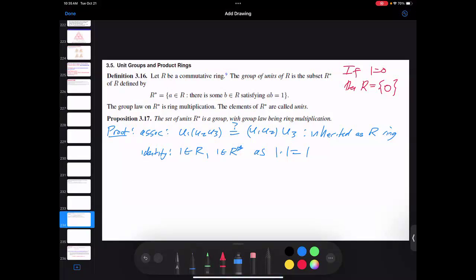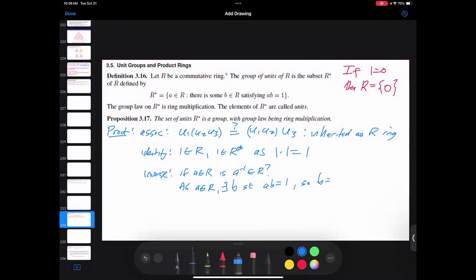Let's do closure or inverses. Let's do inverses first. If A is in R star, is A inverse in R star? Well, as A is in R star, there exists a B such that AB equals 1.